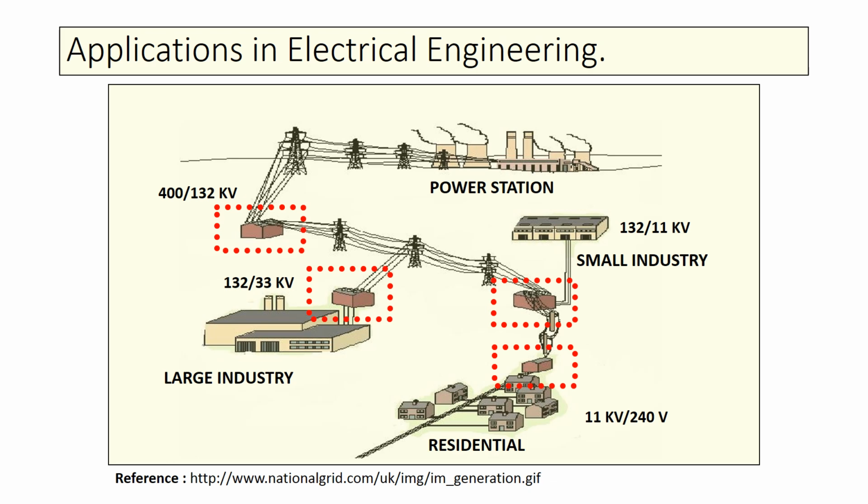Why do you need to increase the voltage? We know that power is proportional to voltage and current. If voltage is increased, current is decreased. We need to decrease the current because the power loss is directly proportional to I square into R. If you decrease the current, the power loss in the transmission line is also decreased.